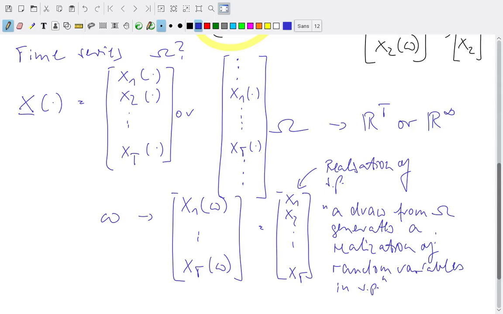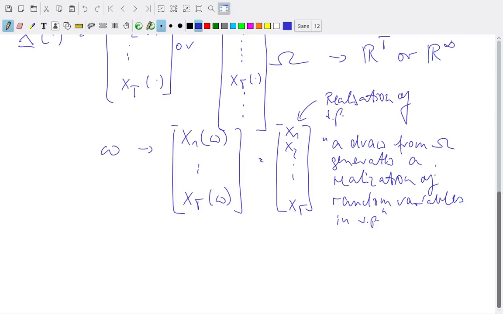That's something to grasp here. It's one draw from the big omega that generates realizations of these big T random variables that we have here.